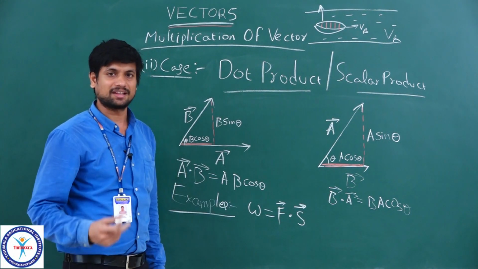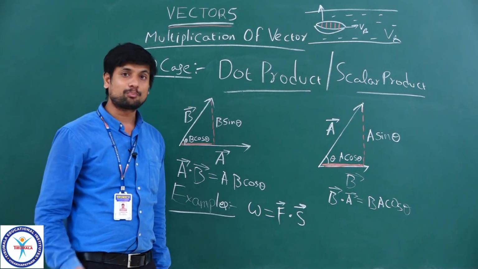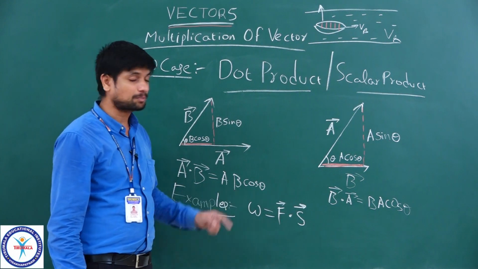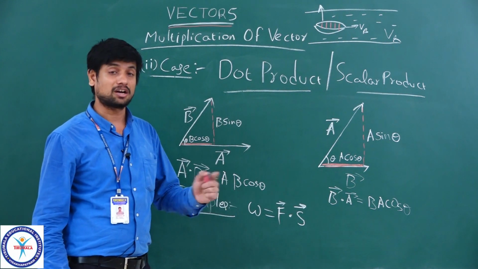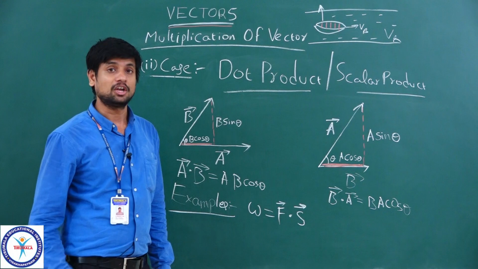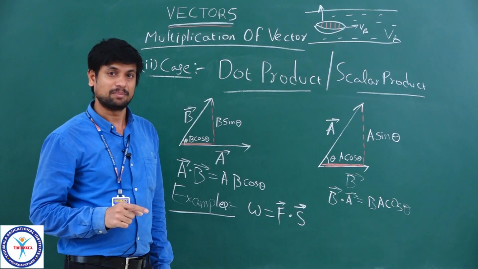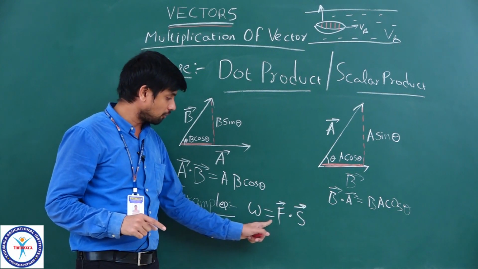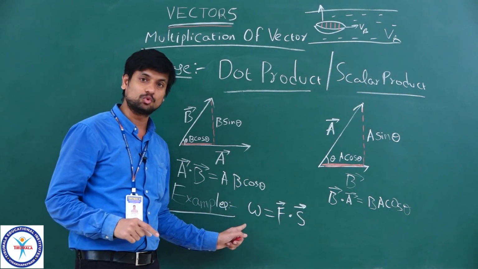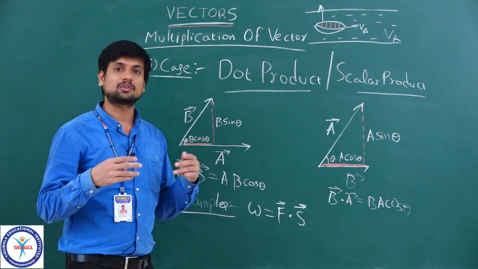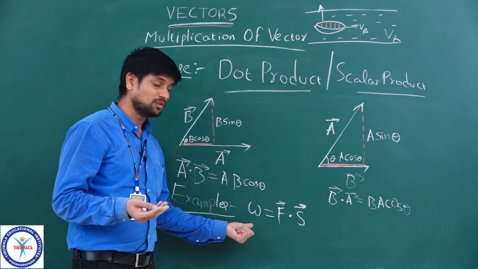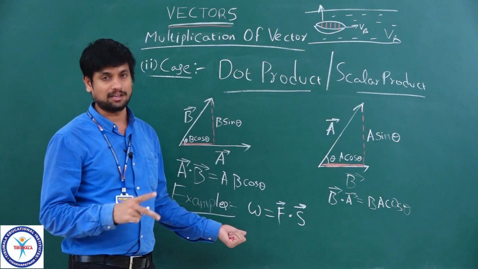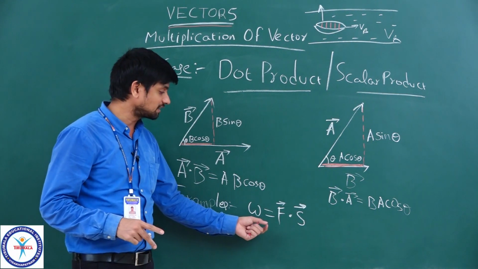Where should I take the perpendicular component, where should I take the parallel component, where should I apply the dot product, where should I apply the cross product, you should have some sense based on that, because the product of force and displacement gives you work. Work has no direction, that's why work can be taken as scalar. And I told you before, when two vectors multiply to give a scalar, that product is the dot product.